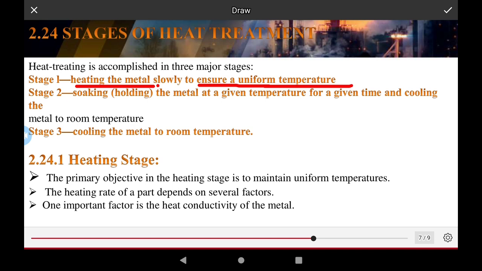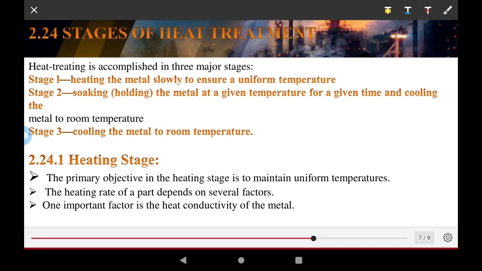Stage 2: soaking, holding the metal at a given temperature for a given time. Stage 3: cooling the metal to room temperature.